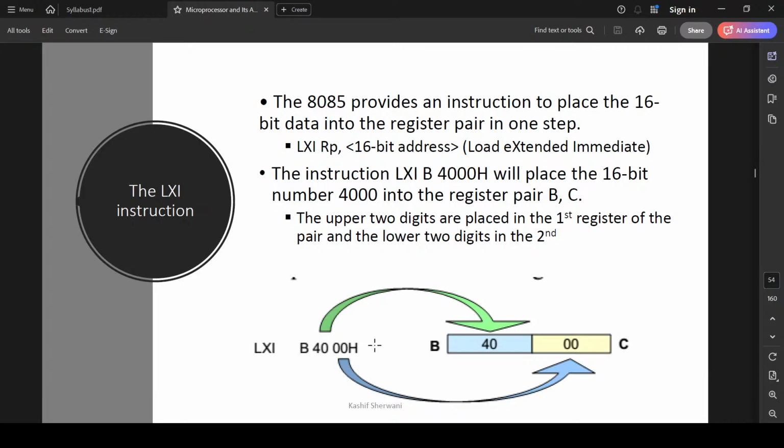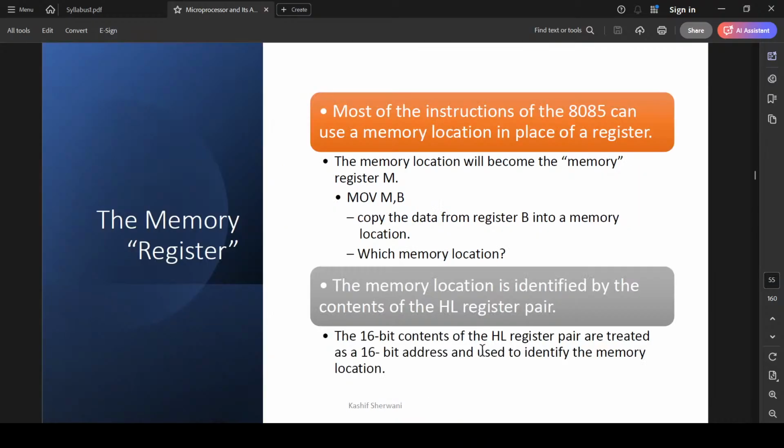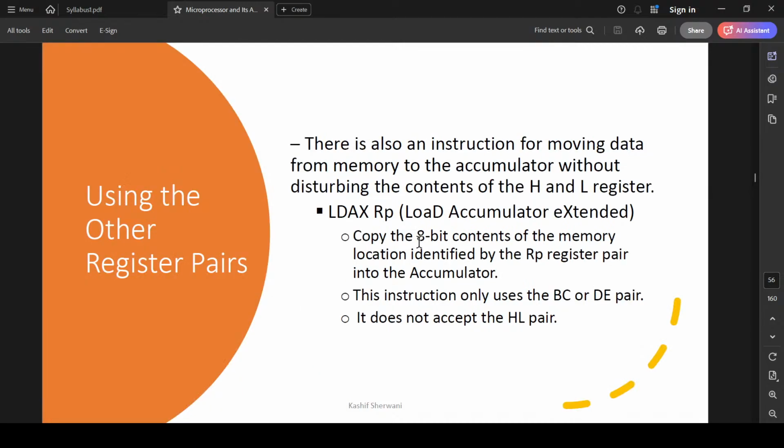You guys know this was the M memory location to the register. From the register to the memory, inverse. And now you can move data from memory directly to the accumulator, not the register, without disturbing the H and L register. And it is called LDAX, load accumulator extended.